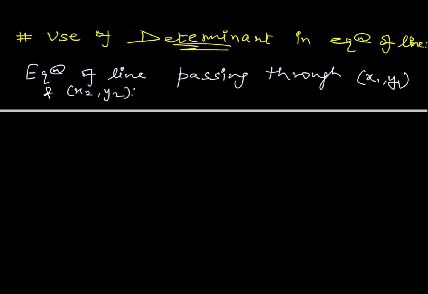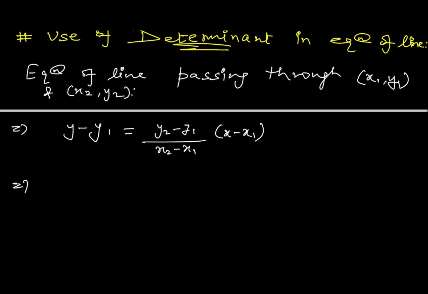So using the two-point form we can say y minus y1 is equal to (y2 minus y1) upon (x2 minus x1) into (x minus x1), or (y minus y1) upon (y2 minus y1) is equal to (x minus x1) upon (x2 minus x1).